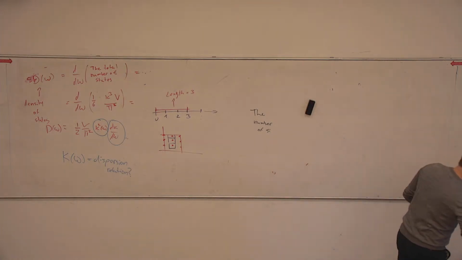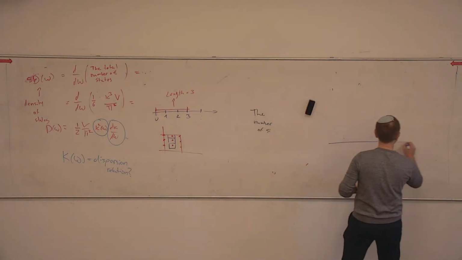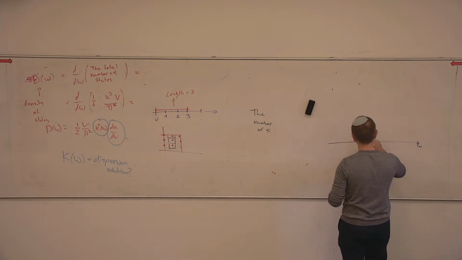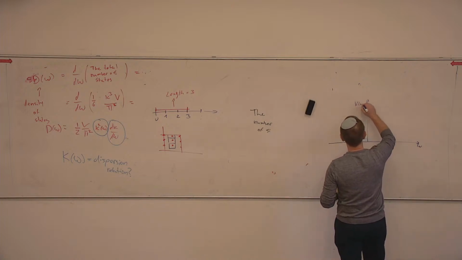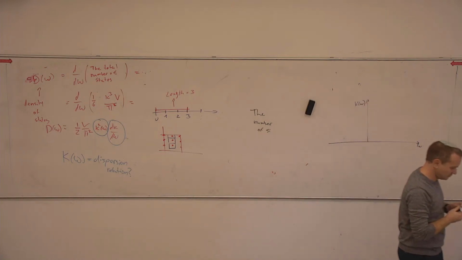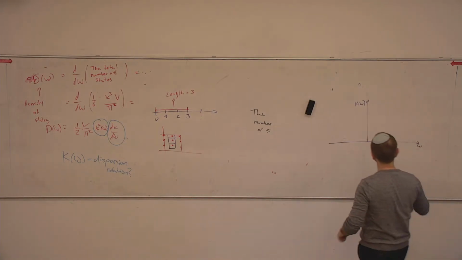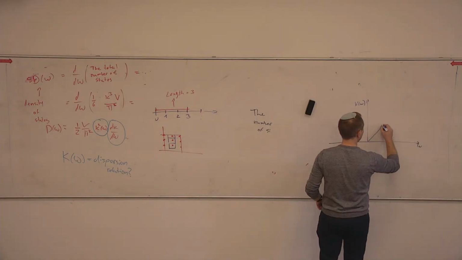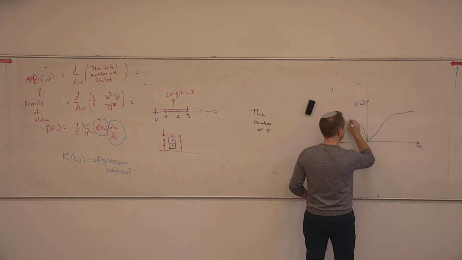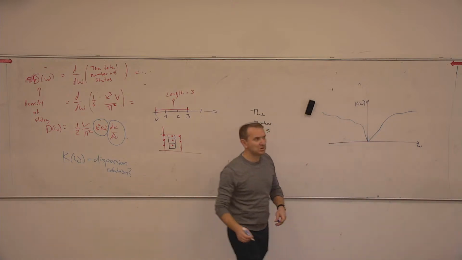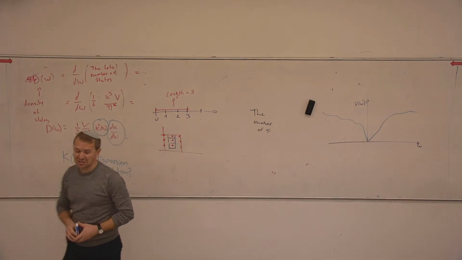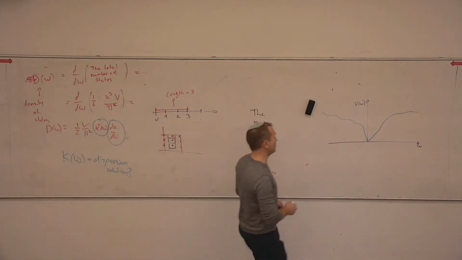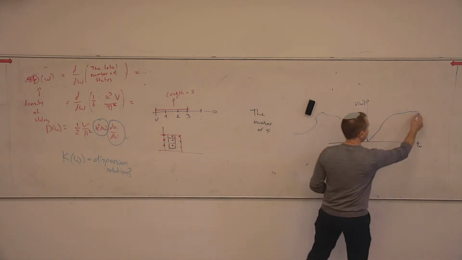So if I plot, this is my omega, this is k of omega. In general, it's something, and this something can be very, very complicated.